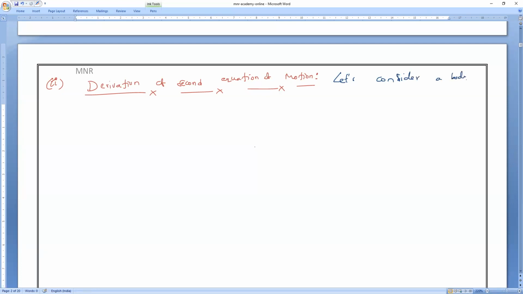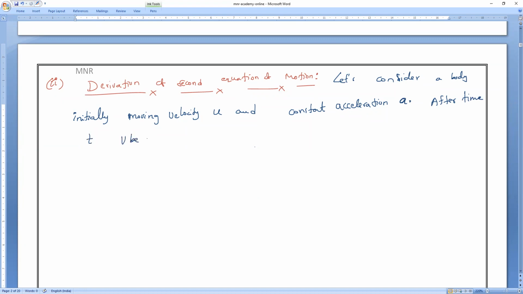Let's consider a body initially moving with velocity u and constant acceleration a. Remember, constant acceleration. After time t, v is the final velocity.